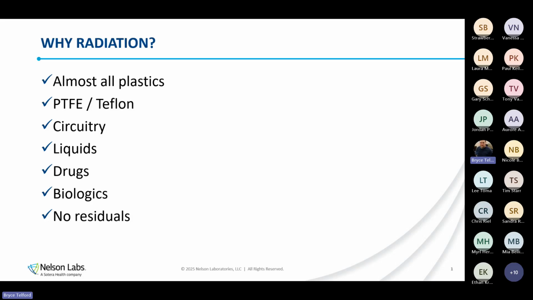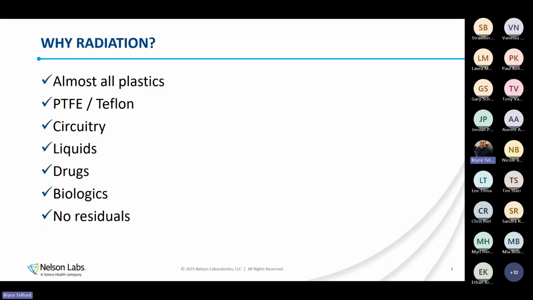So why doesn't everything do steam sterilization? Well, because you end up with a pile of goo in a lot of situations. So functionality really matters when it comes to which sterilization method overall that you are going to take a look at.